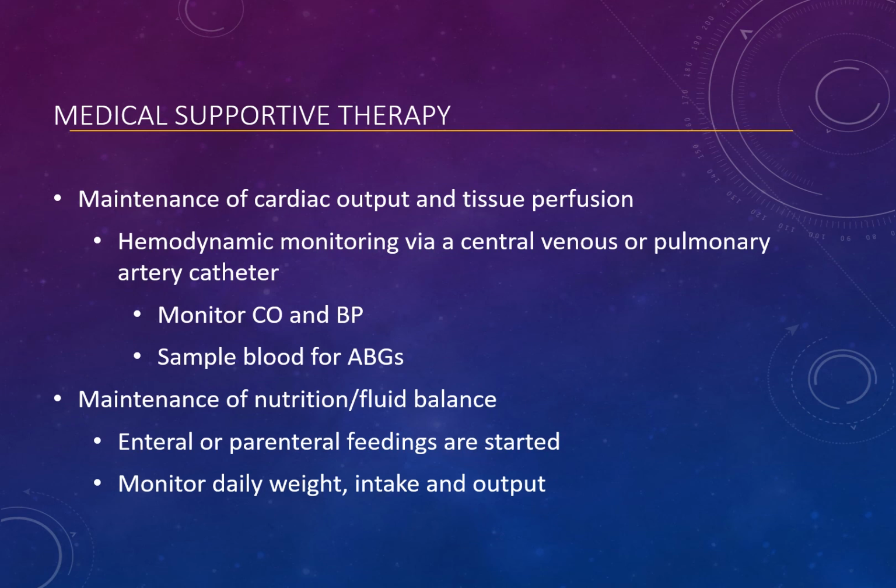And when you hear crystalloid solution or crystalloid fluids, that's just your normal saline, your lactated ringers, your half normal saline, your D5 half normal saline. Colloid solutions are going to be your albumin, any type of that strong protein that pulls fluid into it. So we want to make sure that we're maintaining that blood pressure and that cardiac output.